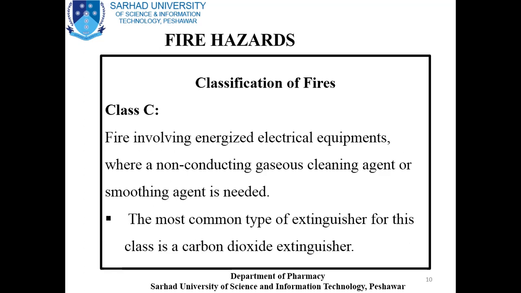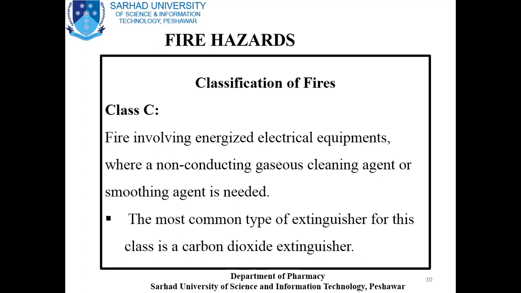The third class of fires is termed Class C. This category of fire is due to the energized electrical equipment used in the pharmaceutical industry. Different equipment is utilized and different processing conditions are tested using electrical equipment.